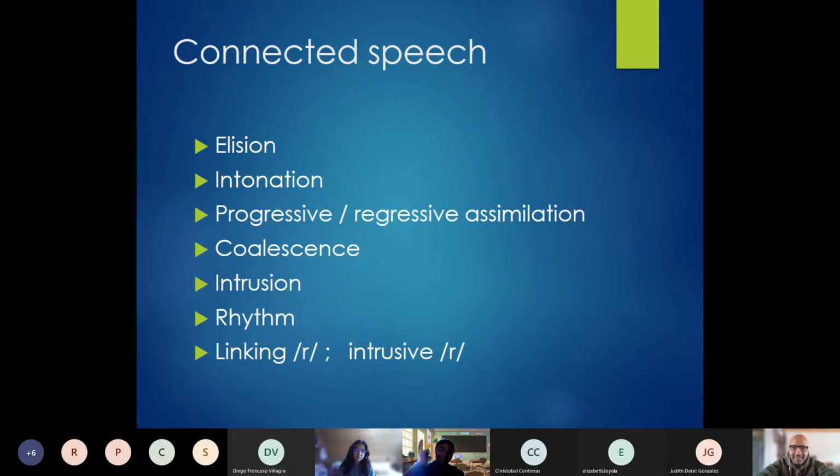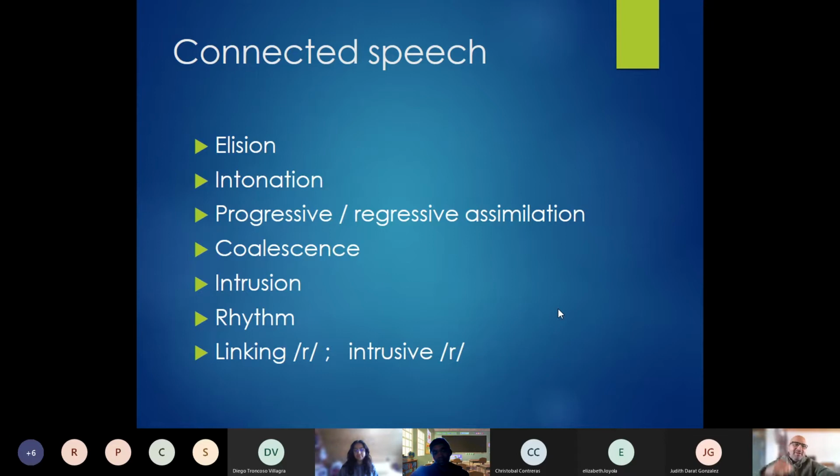Because in some words we add the R where the R is not there, we add it to the word. And in some words we have the R, so we just have to link it with the other word. Maybe I'm mistaken, maybe someone has another opinion, but it's what I think. I would back you up, Jolie, with this one. I think you're right.